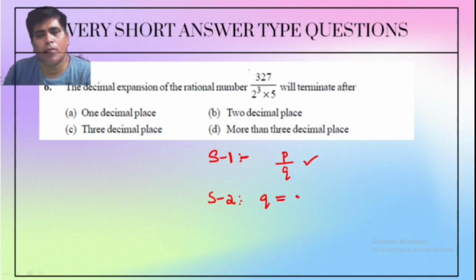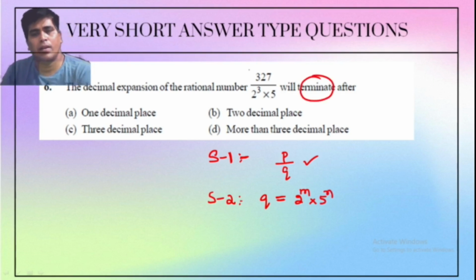Definitely it is in the form of 2 to the power of m into 5 to the power of n. Why, sir? Because it is already given clearly that it is a terminating decimal. When it is a terminating decimal, definitely the denominator is in the form of 2 power m and 5 power n. Here 2 power 3 into 5 power 1.